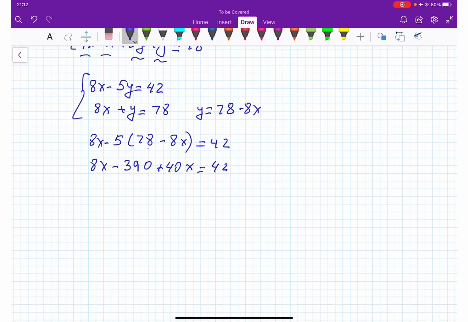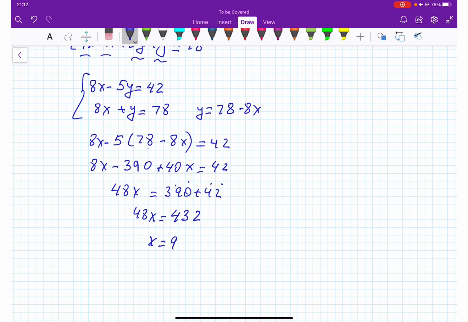All right, so from here we get 48x equal to positive 390 plus 42. 48x is equal to 432. And the x is going to be equal to 9.